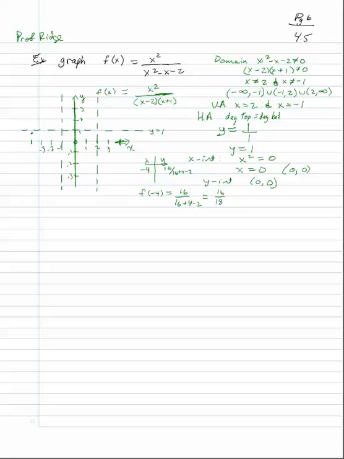Now that gives me enough information, but if you're not sure, f of negative 2, plug it in, we get 4 over 4 plus 2 minus 2. Wait, did I do that right? 4 over 4 plus 2 minus 2.